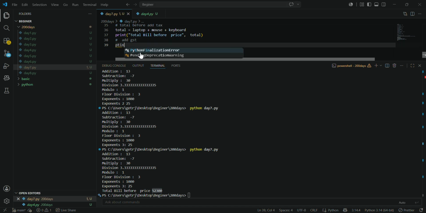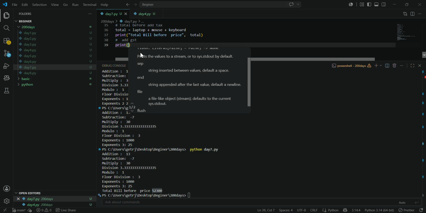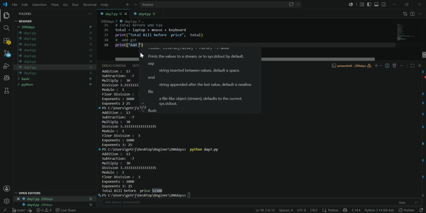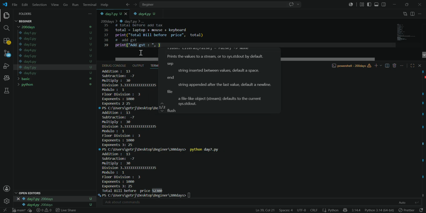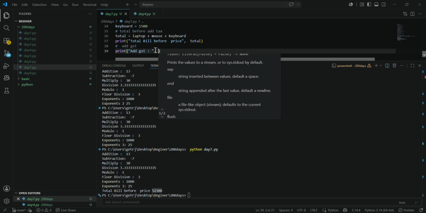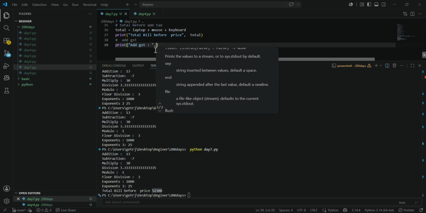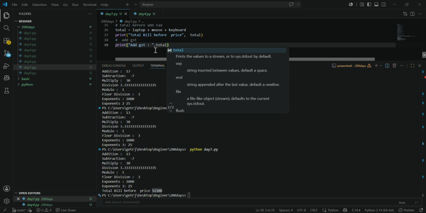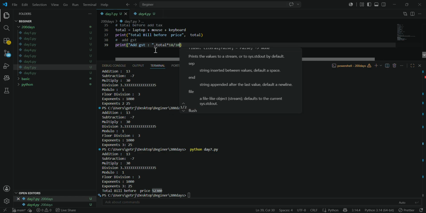Now we will check here. Add GST. That's the thing we are doing here. Total multiplied by 18 and divided by 100.